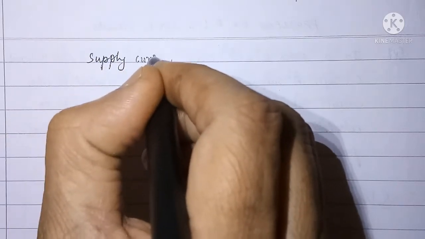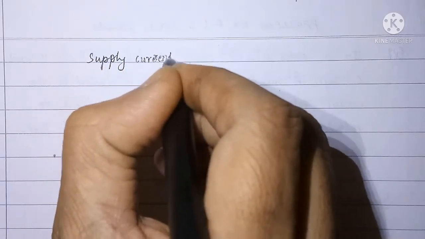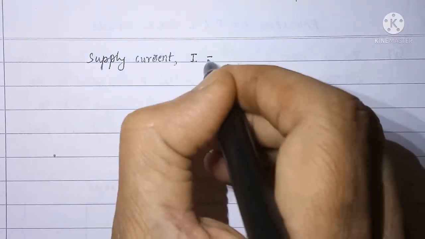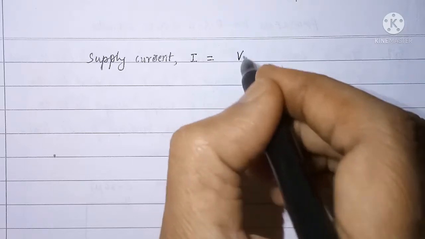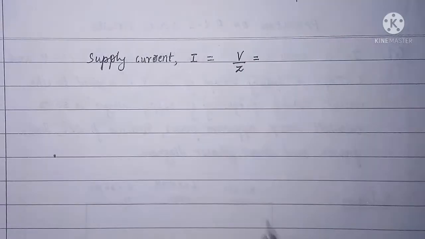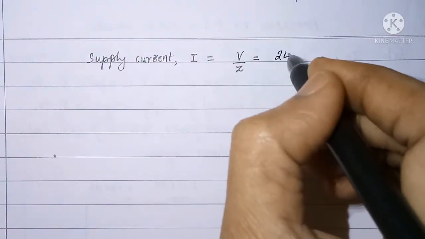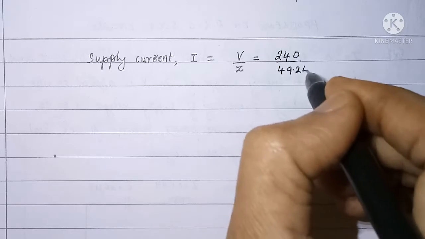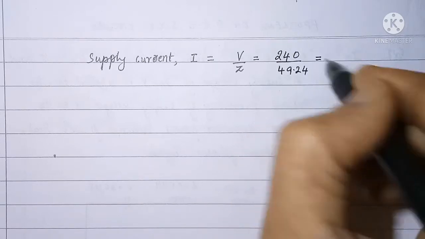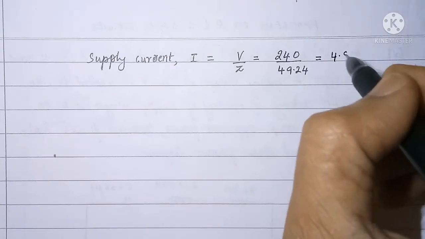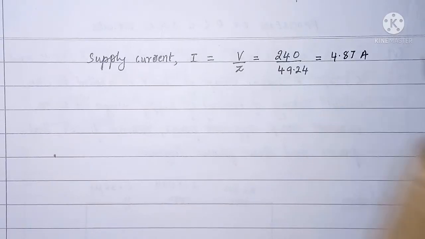Supply current I is equal to V by Z, that is equal to 240 divided by 49.24. On simplification it becomes 4.87 amperes.